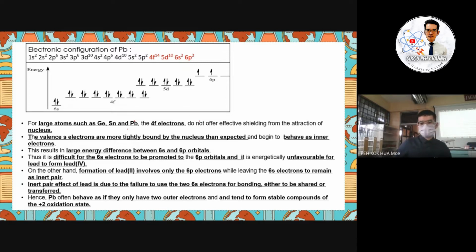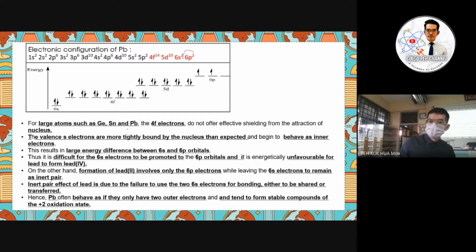They do not offer an effective shielding effect, so the attraction of the nucleus to the 6s orbital will be higher. That means the electrons in the 6s orbital act as an inner pair and are not involved in the bonding.